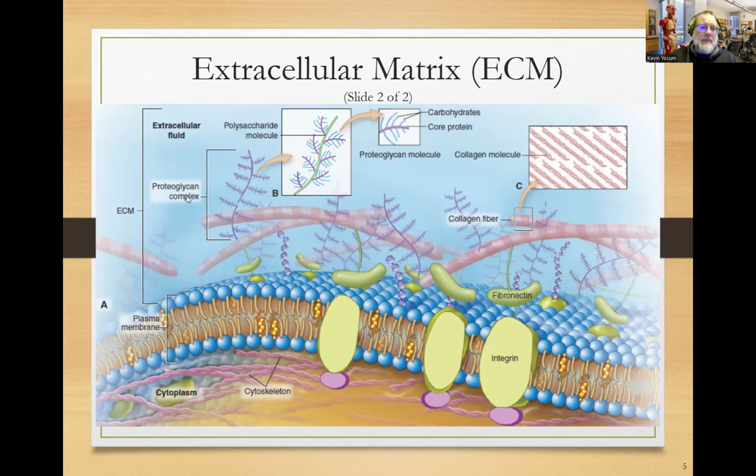So this ECM or extracellular matrix is going to be comprised of fluid primarily, and that fluid is primarily water, of course. They do call this extracellular fluid or interstitial fluid or intercellular fluid. So anyway, just know that ECF is probably the most common usage of these terms that we see.